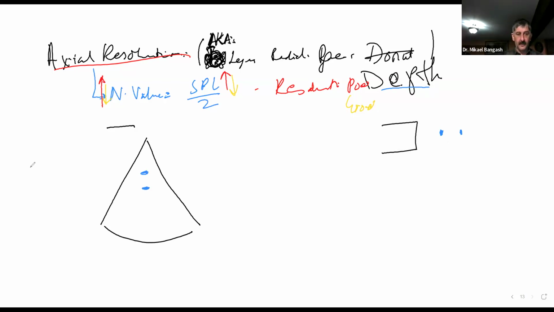And when they appear as two separate reflectors, this is because we had a good axial resolution. Why? Mainly because of a low spatial pulse length.